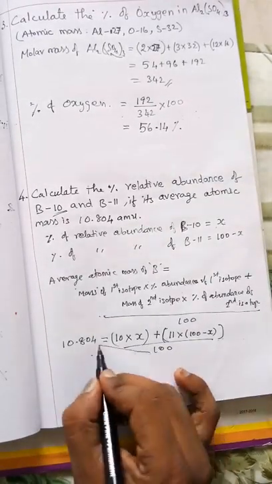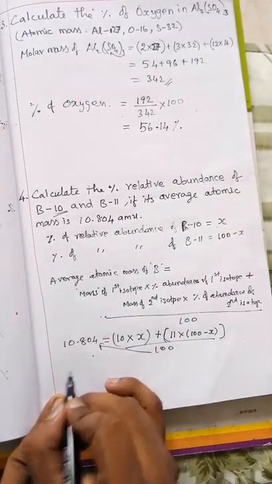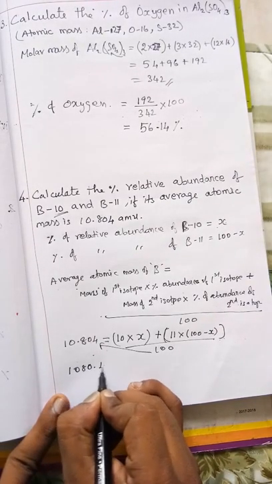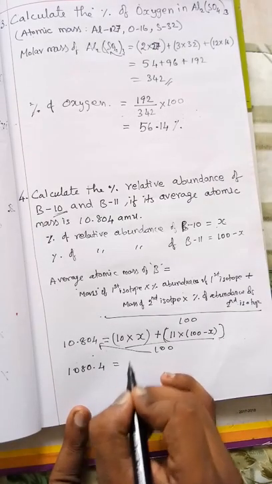So you cross multiply: 10.804 into 100, 1080.4 is equal to 10x.